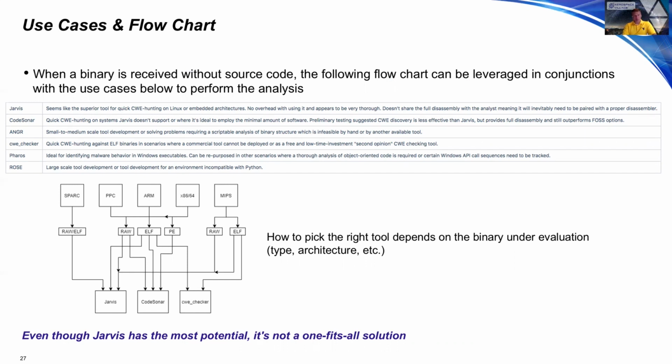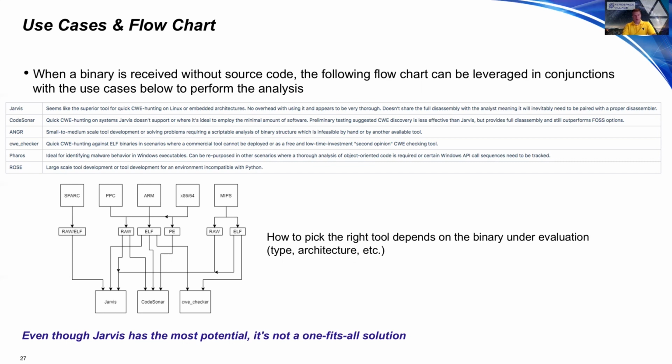I obviously wouldn't suggest Jarvis at that point, because it probably won't find much. Even though it can analyze it, it doesn't really pull a lot of information out from our testing. I would say maybe use something like Pharos or CodeSonar, depending on what you're looking for.